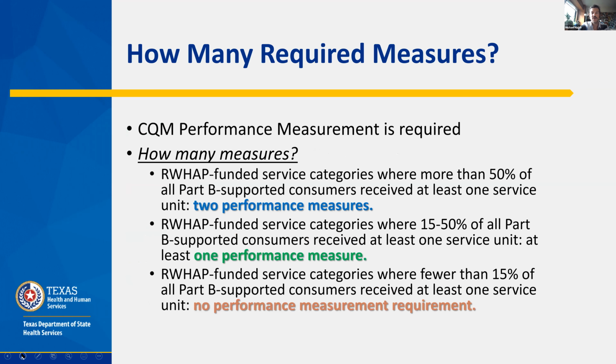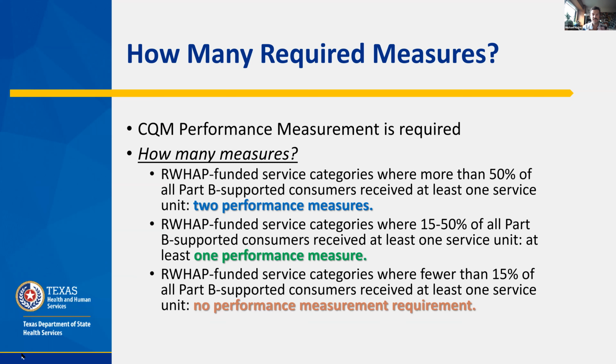So how many measures are required? Well, CQM performance measurement is required in general, sure, but this is what it comes down to: Part B with its service utilization and Part A with its service utilization. So we have two performance measures for any service category where more than 50% of the supported consumers receive at least one service unit.